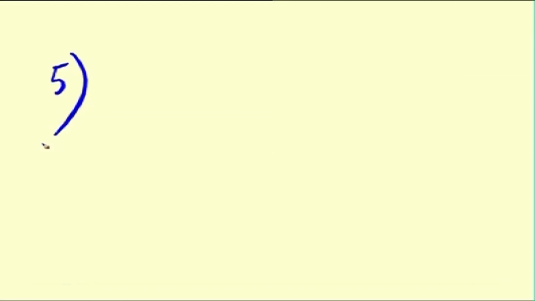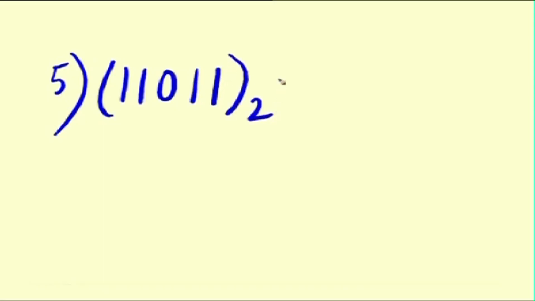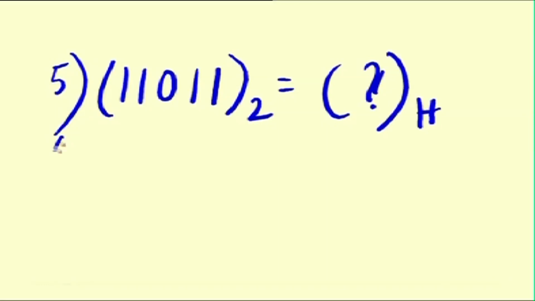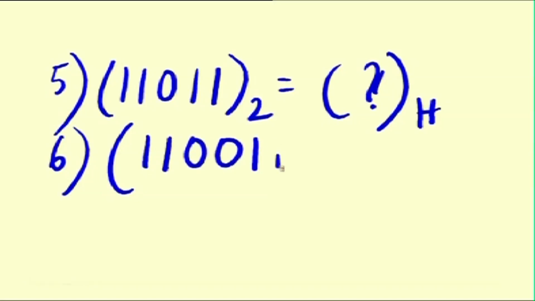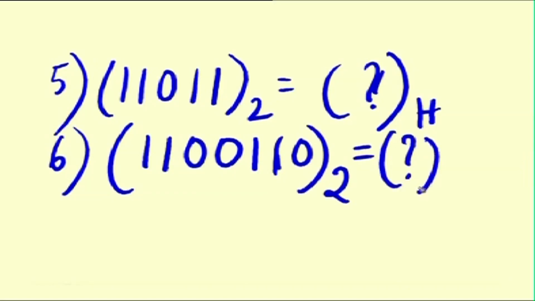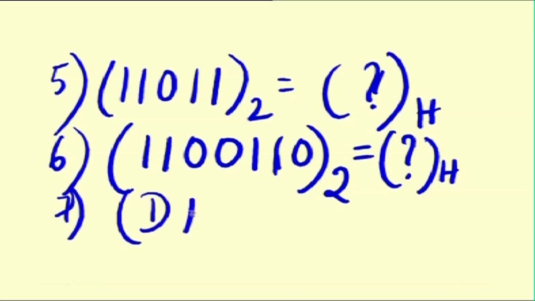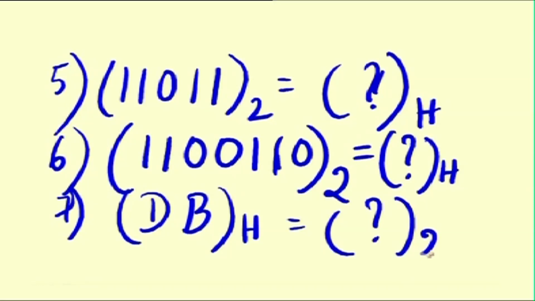Now, having done this, I will give you another problem. The problem is conversion of a binary number. I will give a binary number, 1101. Okay. Convert this into its hexadecimal equivalent. You take another number like this, 11001110. This is a bigger number. Convert this into its hexadecimal equivalent, and take a hexadecimal number and convert it into a binary number.